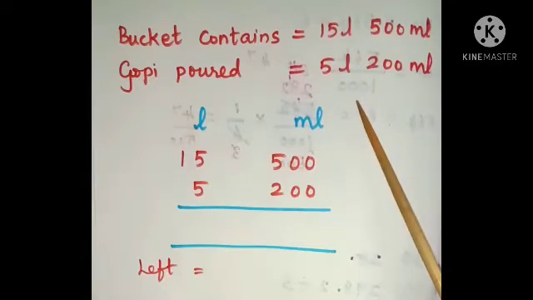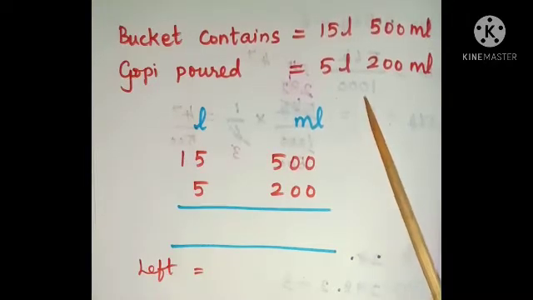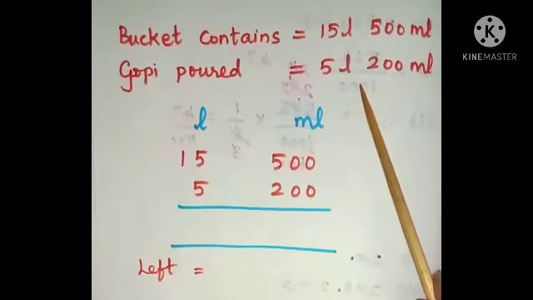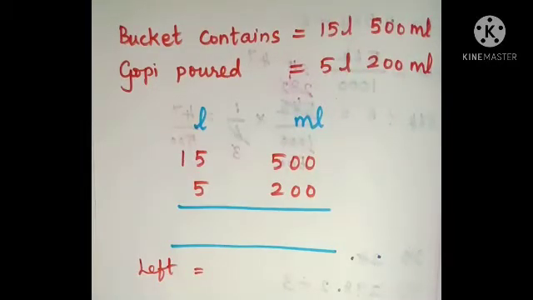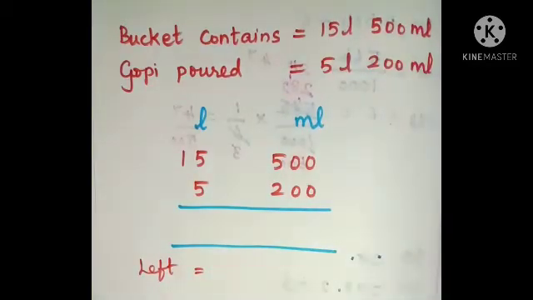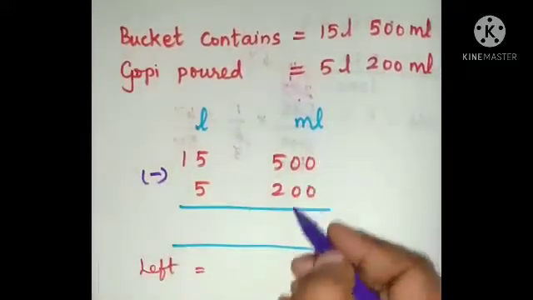Now, how much water is left in the bucket? Left means that it is the keyword of subtraction. Left, difference are the keywords of subtraction. So here we have to subtract 5 liters 200 milliliters from 15 liters 500 milliliters. So children, let us start with milliliters.